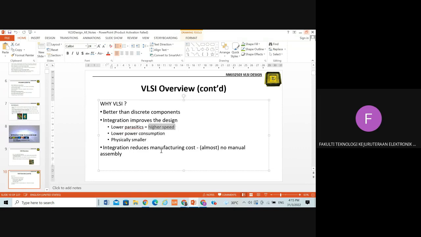An easier way to remember the relationship between speed and area: just imagine yourself in a building. If everything inside the building, your cafeteria, your lecture hall, your hostel, is within walking distance, it will be faster for you to travel from one place to another.